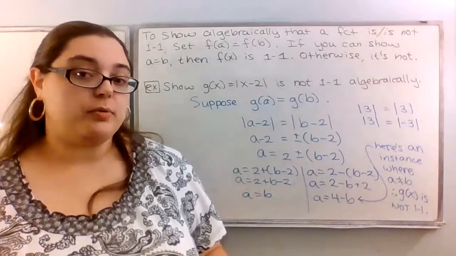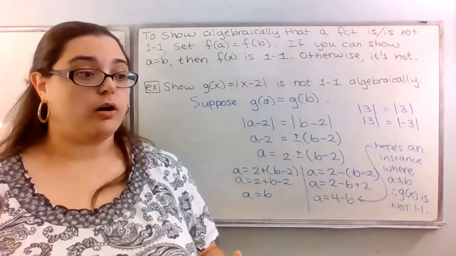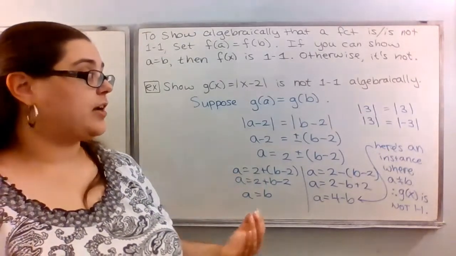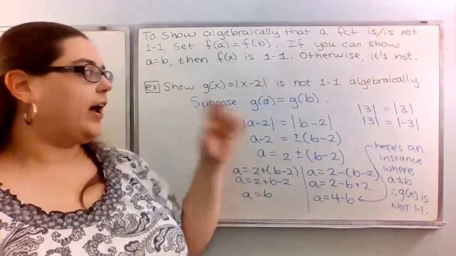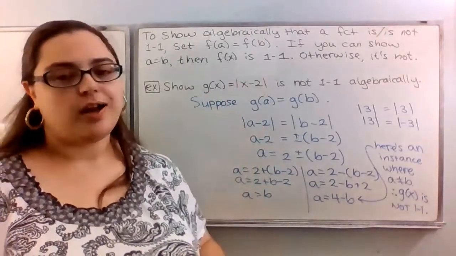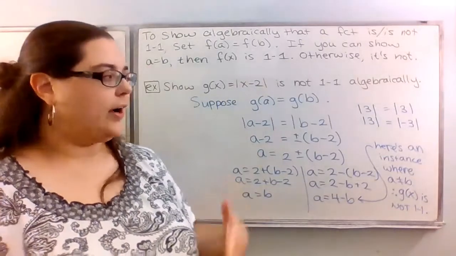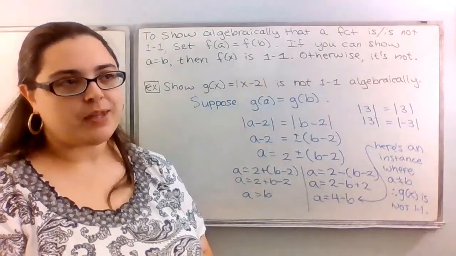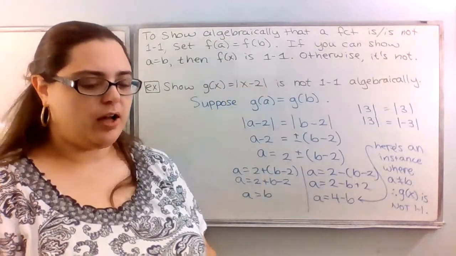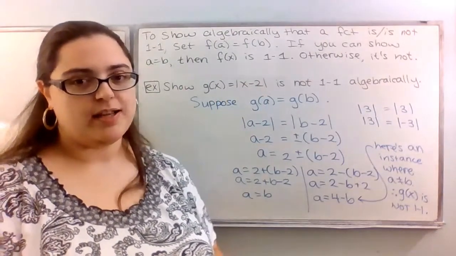But if it's a function that we don't know how to graph yet, or maybe it's a function that's got a constant variable in there, so if I had x minus h, I would need to know how to figure out whether or not it was one-to-one algebraically. So let's do another example of determining one-to-oneness algebraically.